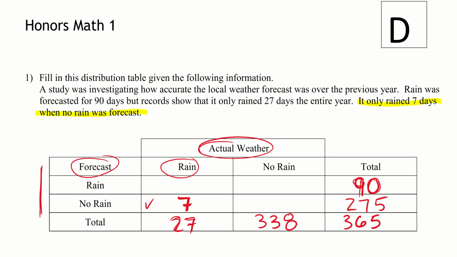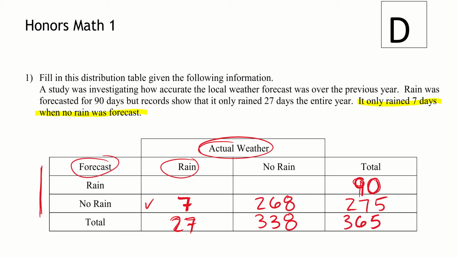So if no rain was in the forecast, but it actually rained 7, this number here has to be the difference between 275 and 7. That's extremely clear, Mr. Roberts. Yeah, I know. This is 268. So 7 plus 268 has to equal 275.